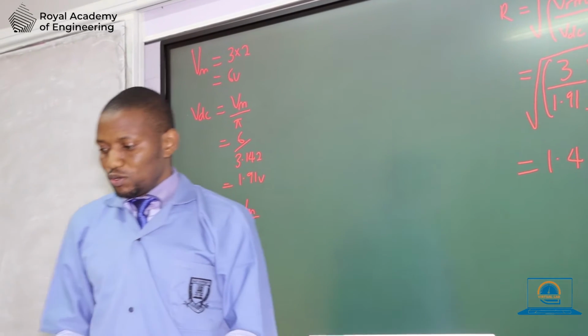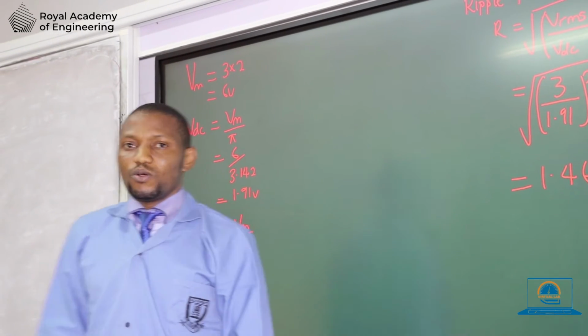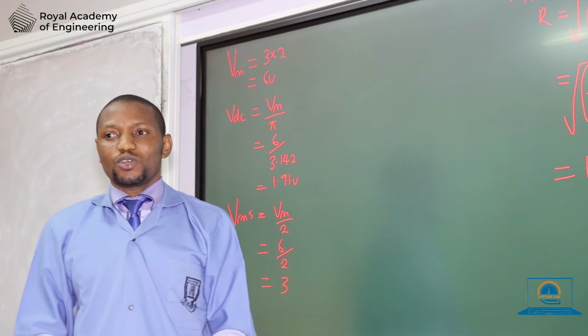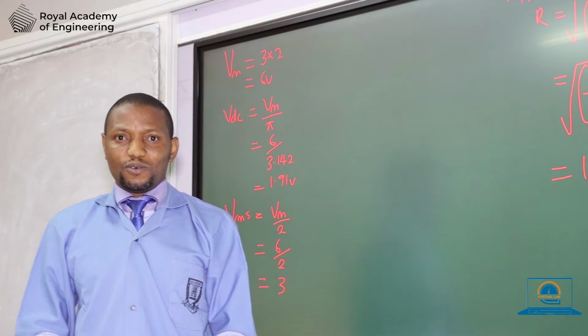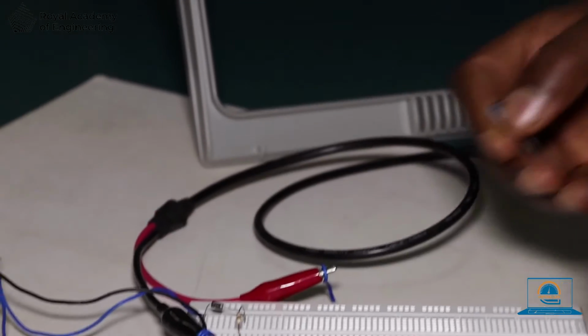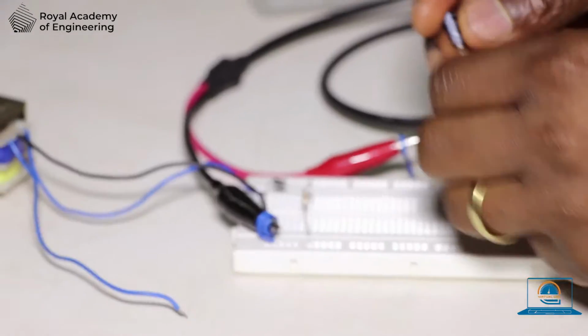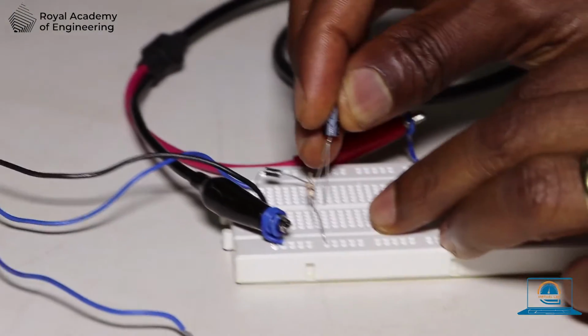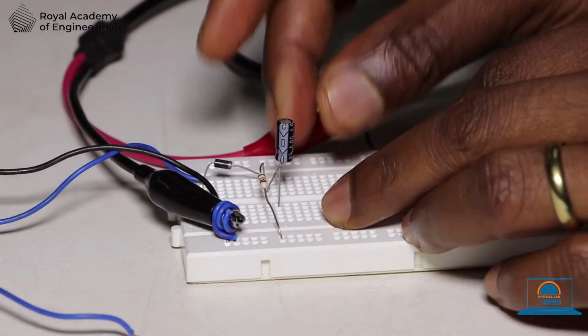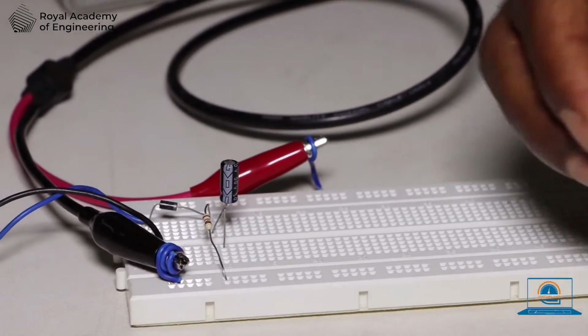We'll come back to our circuit where we shall be adding the filter to it and also calculate the ripple factor of the circuit using filter. We'll add our filter to it. The filter is connected in parallel with the load resistor.